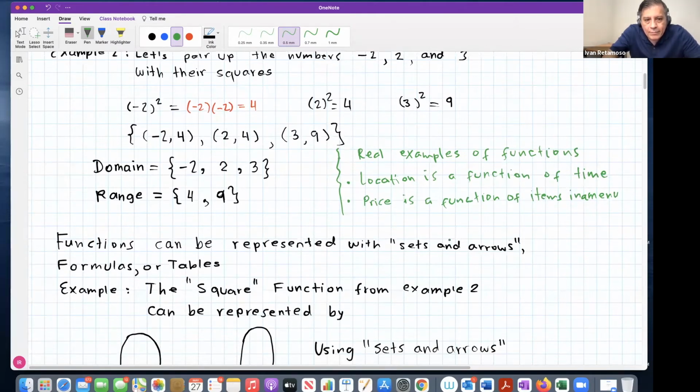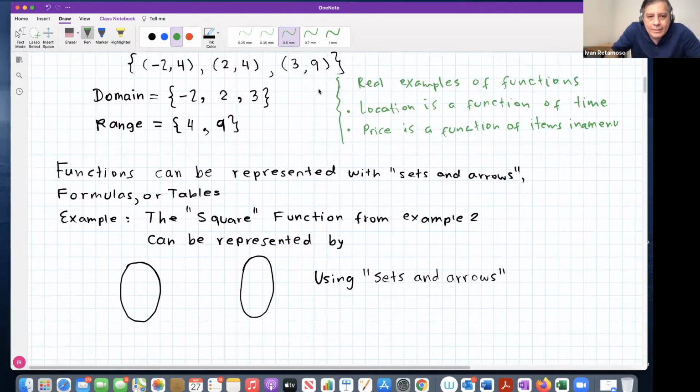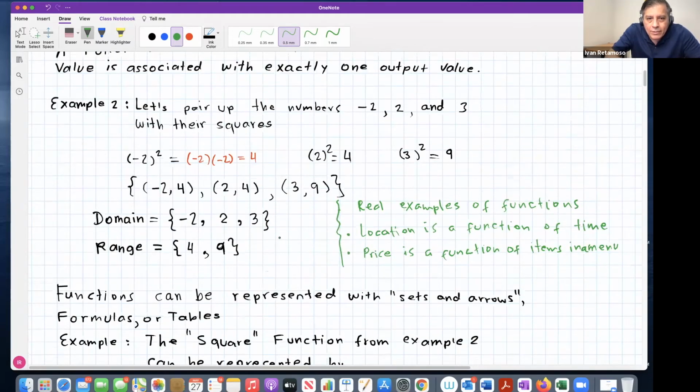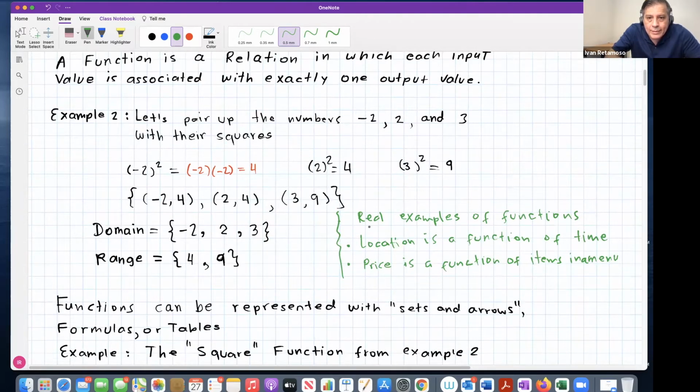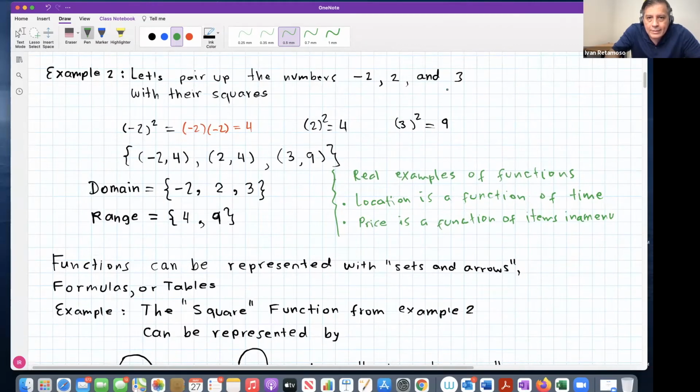Now, moving forward, functions can be represented with sets and arrows, formulas, or tables. Three ways to represent functions, besides this representation as a collection of ordered pairs. For example, if you want to represent the function in example 2 using sets and arrows, you can do the following. This is the first set: -2, 2, and 3.